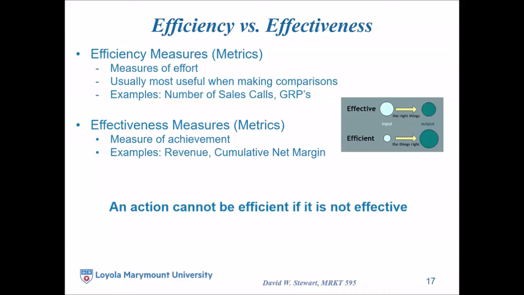Knowing the cost of a gross rating point is important, but a low cost of a gross rating point isn't really very helpful to me if I'm not reaching the target audience I want to reach. By the way, if you really want to buy cheap television advertising, buy at 3 in the morning.